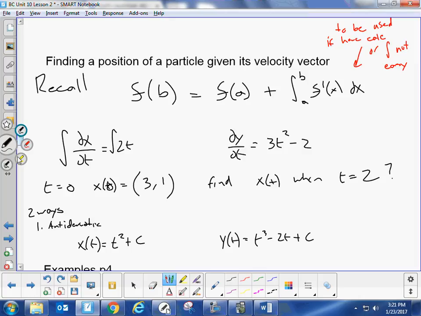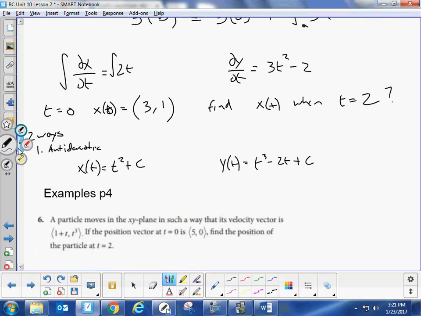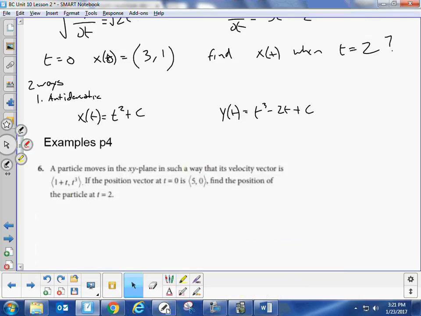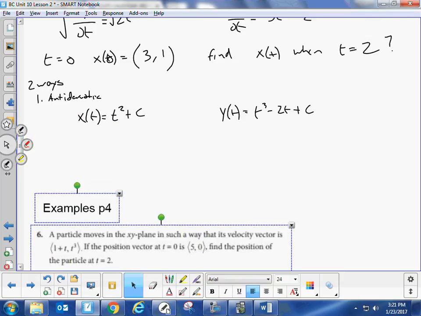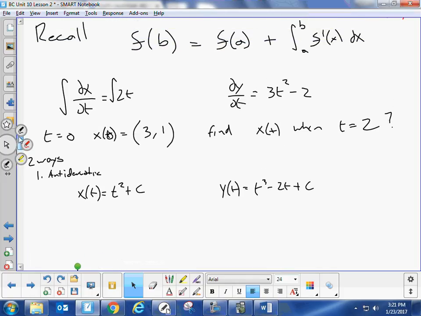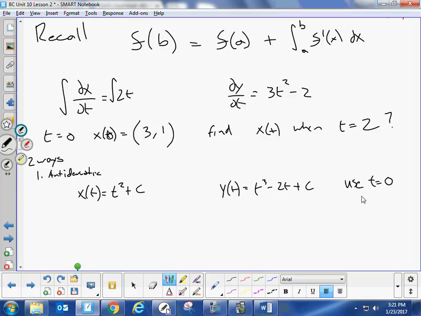Now I'm going to use t equals 0, giving me the (3, 1) to find my c's. So that means x of 0 is going to give me 3, that's going to be that c. Y of 0, that's going to be 1, that's going to give me that c.